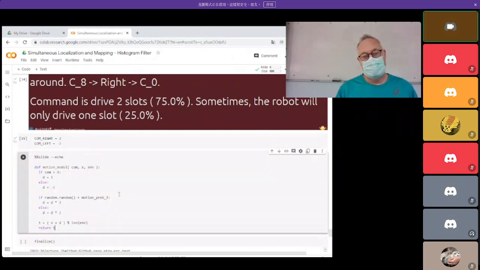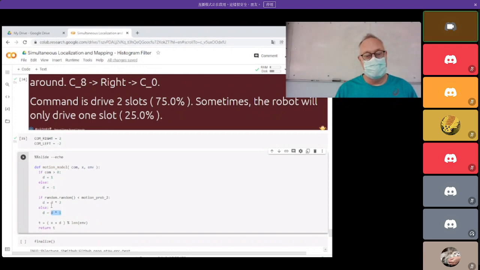And I think this will probably do it, right? So first we define the distance as the direction that we want to move in. If the command says we want to go to the right, then it's greater than 0. Then we check if we match the motion probability, then we move 2 slots, otherwise we move 1 slot.